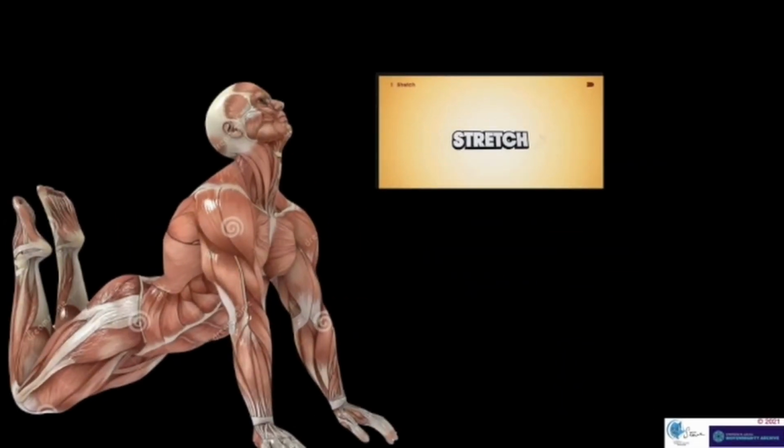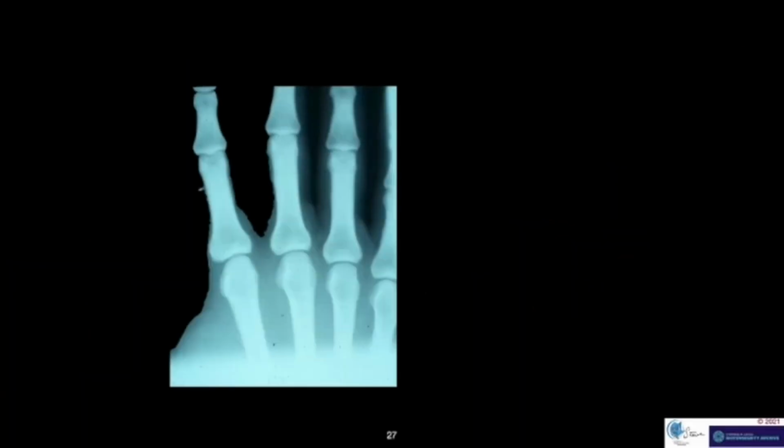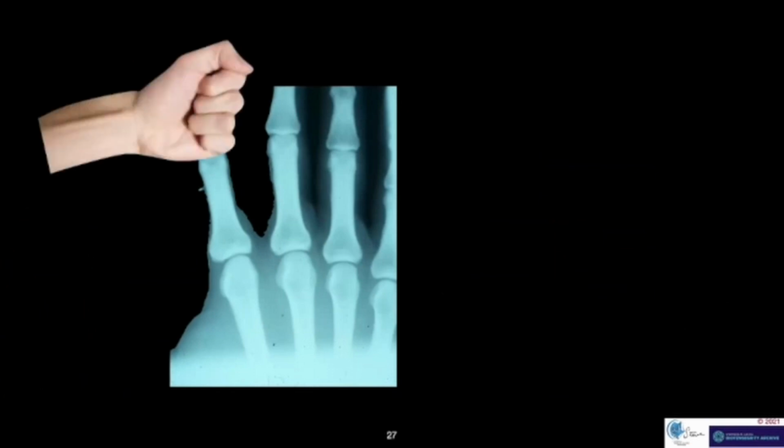So if we go back and look at stretching, what else are we thinking about? So what is really happening? Well, I'll give you another thing that we don't think about often. Everybody grab a hold of your finger and give it a pull. Okay. Well, you will note that your finger gets longer.